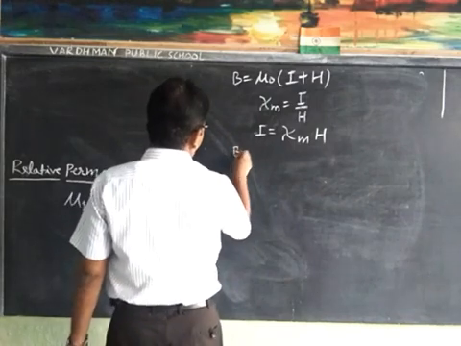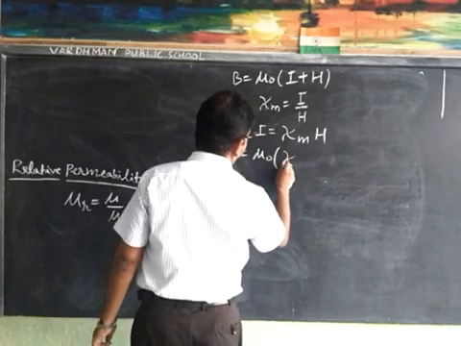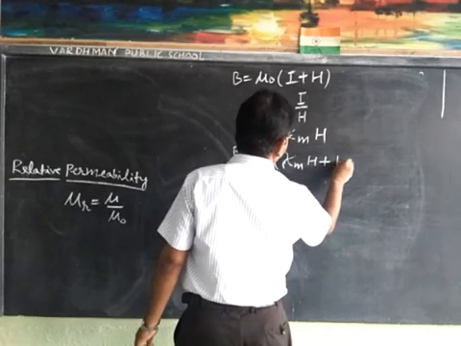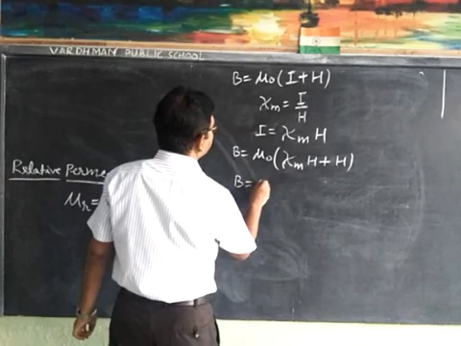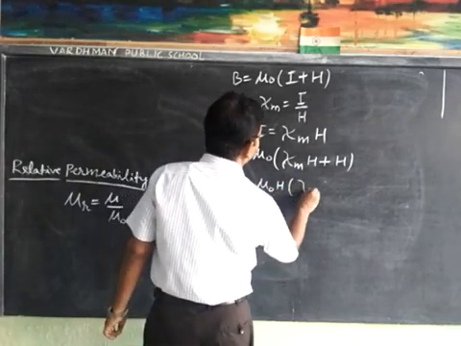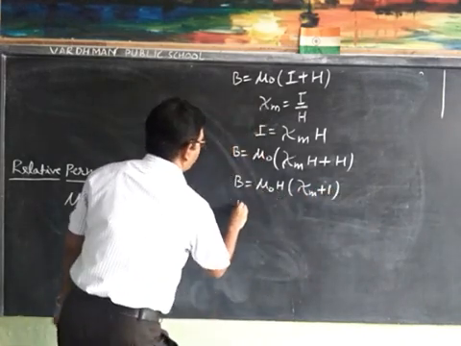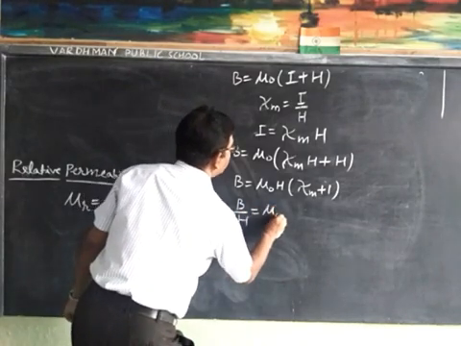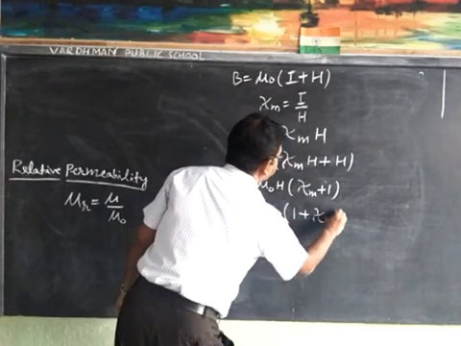Then B is equal to mu 0 (chi m H plus H). We take H common. B is equal to mu 0 H (chi m plus 1), or B upon H is equal to mu 0 (1 plus chi m).